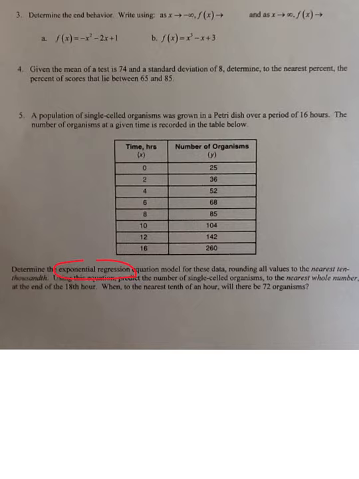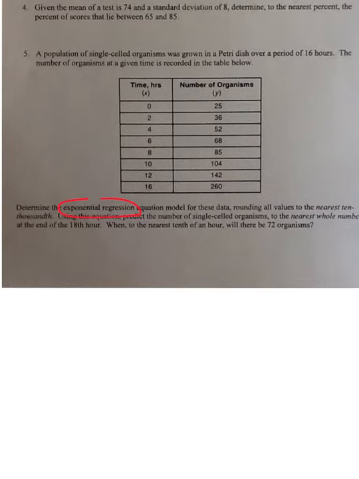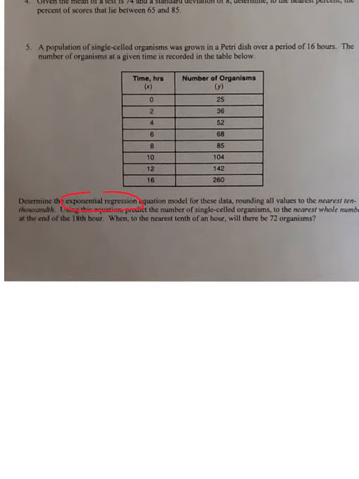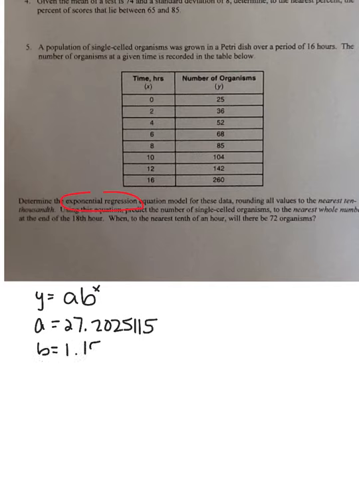First you write down your screen. Remember, that's always the first thing we do. So I have the model first: y equals ab to the x power. A is 27.2025115. B is equal to 1.150873339.